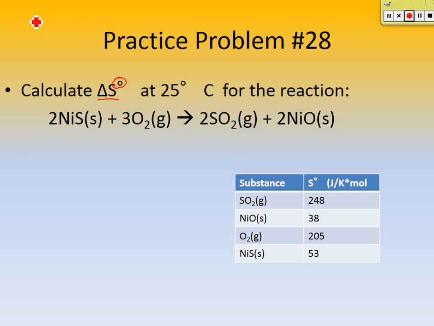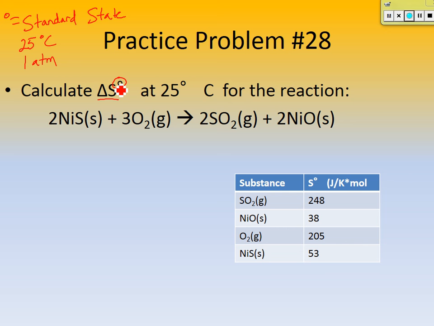That means standard state. What is standard state, guys? What temperature? 25 degrees Celsius. How much pressure? 1 atm. Since we're at 25 degrees Celsius, we are at standard state, so they put this little circle there.